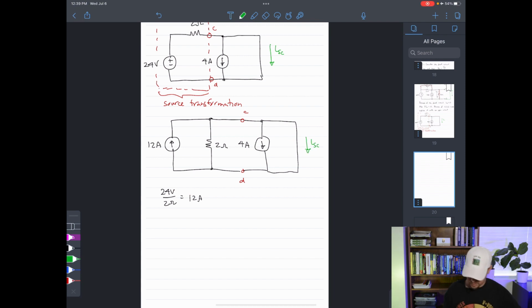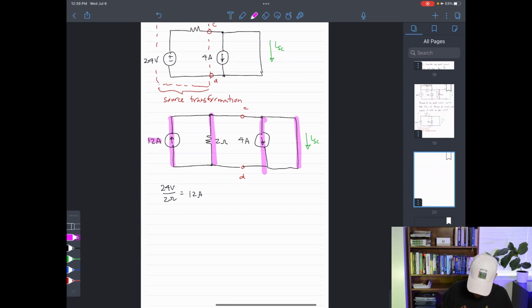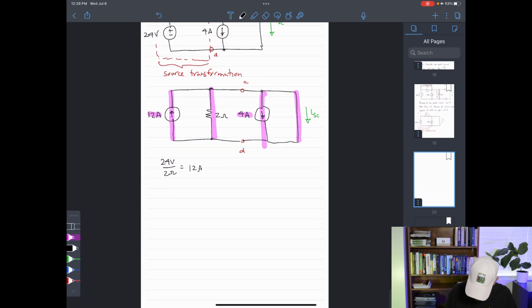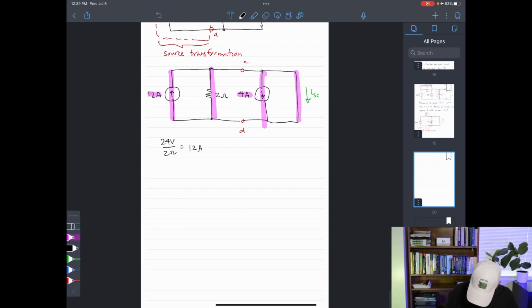Now, if you take a look at the resulting circuit, we have these 3 elements and even the short circuit, they are all in parallel with respect to one another. So I can add this 12 amp source to the 4 amp source, and I'm going to place them on this side.